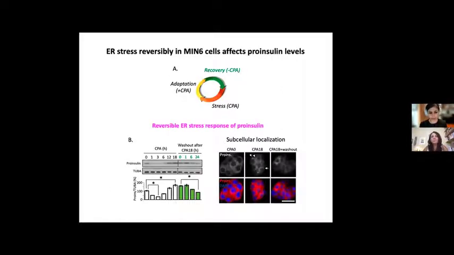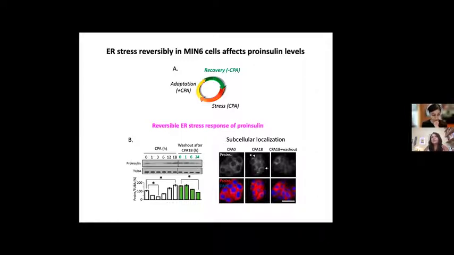What happens to proinsulin? Very interesting pattern for proinsulin levels. At CPA 1 hour, which is the acute response, the levels decrease, stay low for a few hours, and return back to even higher than the control levels. Upon recovery from stress and washout, the levels are maintained, and they gradually decrease.